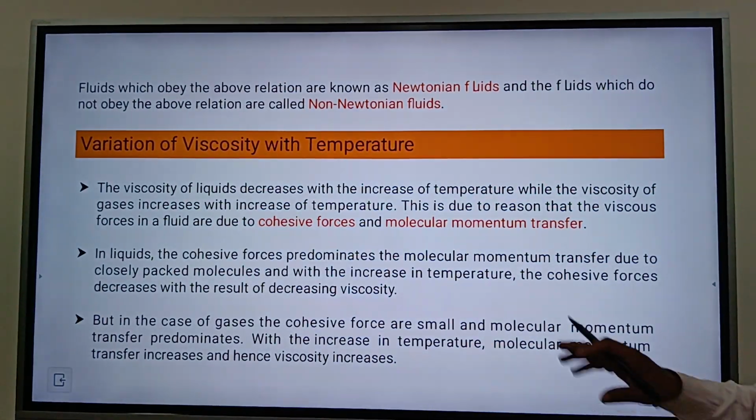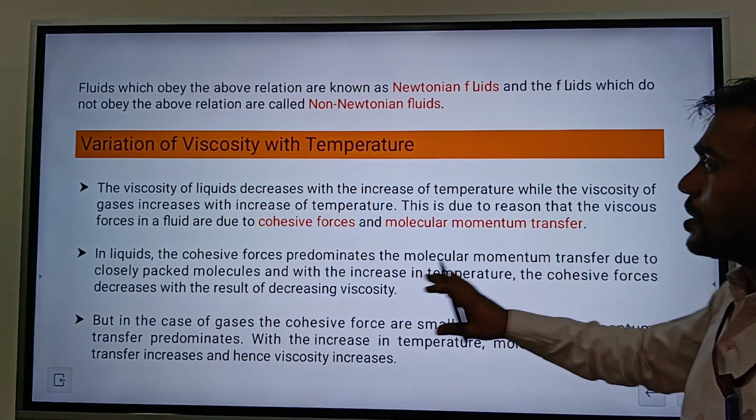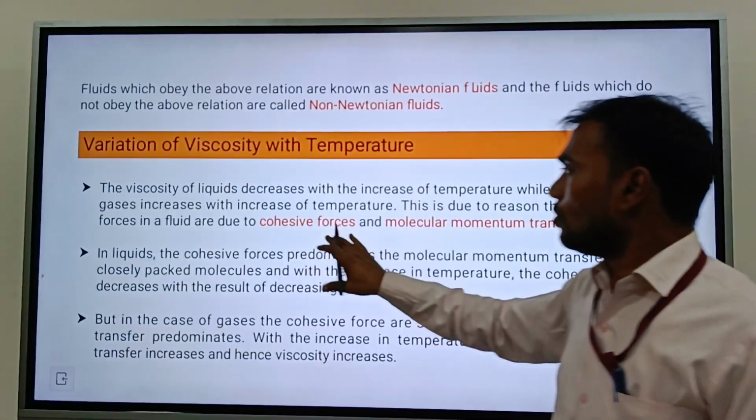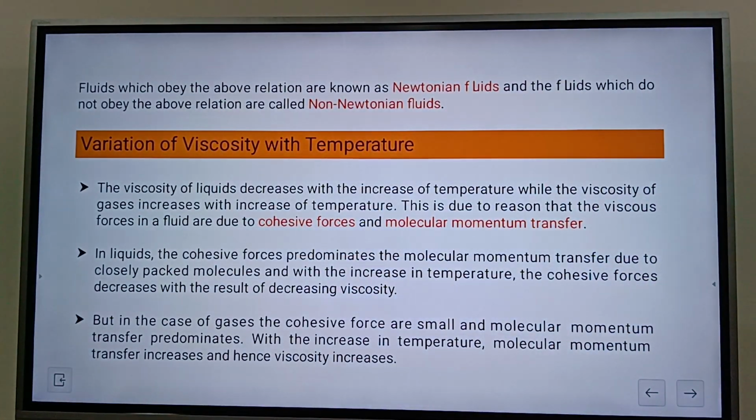This is due to cohesive forces and molecular momentum transfer.